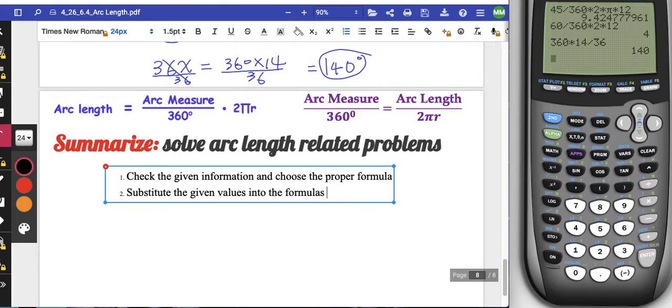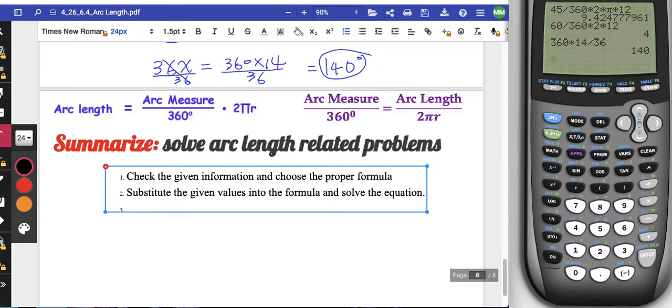And solve the equation. That's what we do, right? And after that, we are going to decide, do we need to round, or do we need to keep the answer in terms of pi?